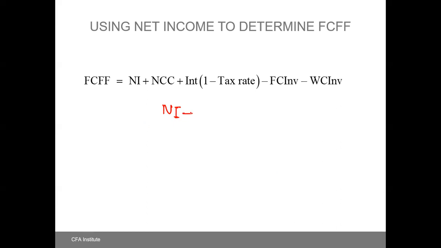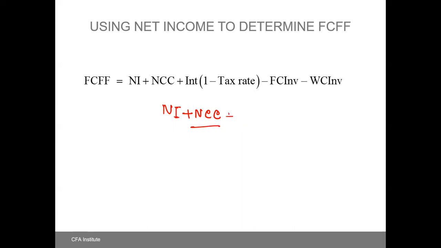But we have to add the non-cash charges, because the non-cash charges do not involve any cash outflow. So that's why any non-cash outflow will be added back. Any non-cash inflow will be subtracted out. So this consideration is made here.